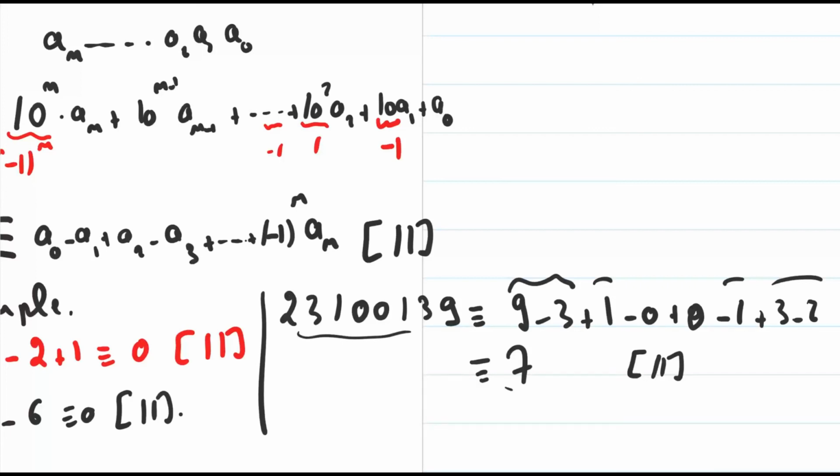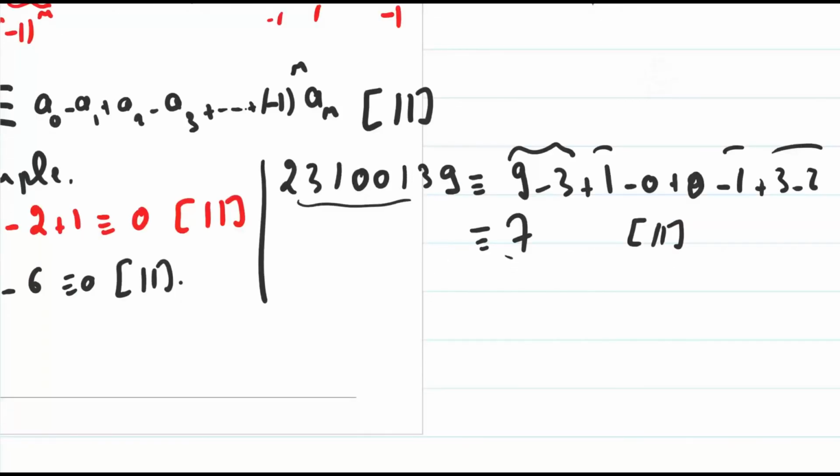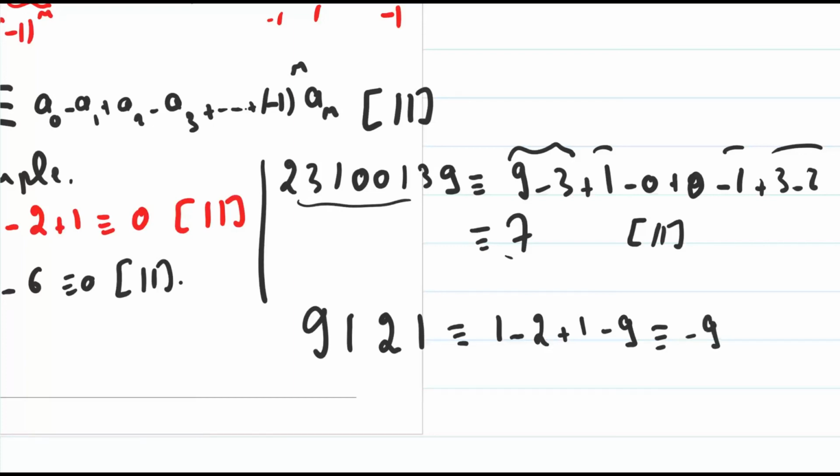And in fact, even if you get a negative number, the criterion, the rule still works. Like if I take this example, 9, 1, 2, 1, this is congruent to 1 minus 2 plus 1 minus 9, which is congruent to negative 9 modulo 11.